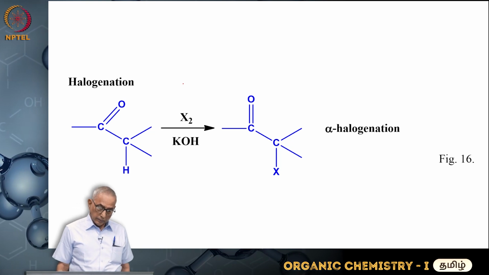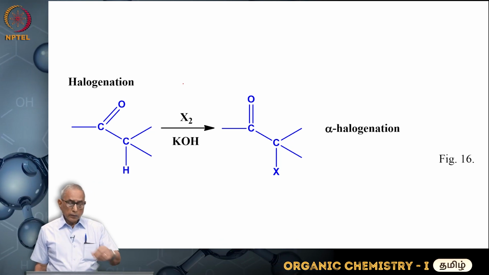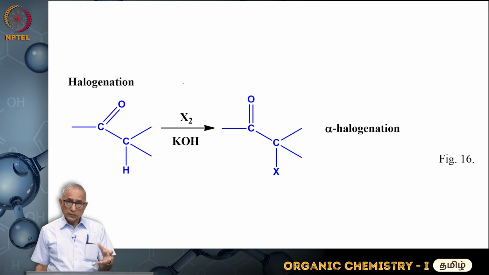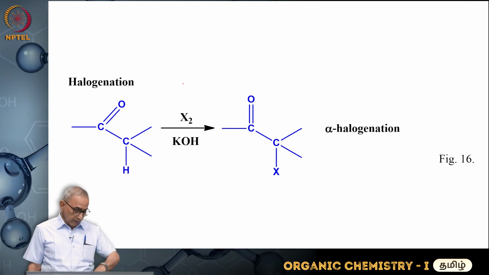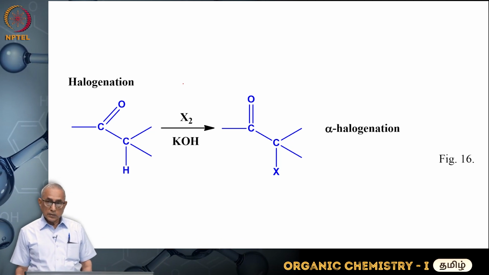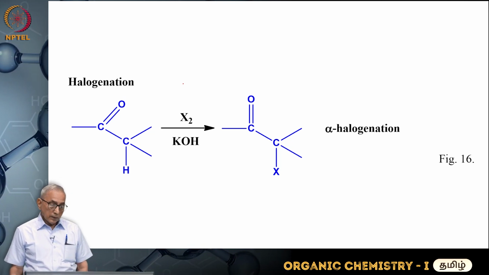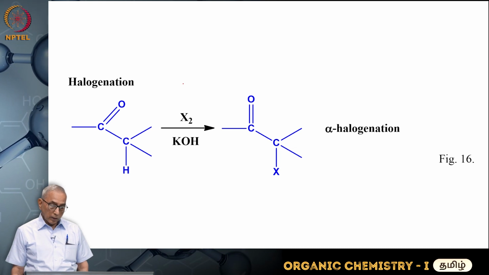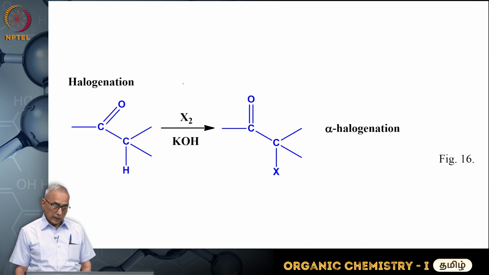Alpha halogenation. When you have a carbonyl group, because of the electron withdrawing effect, the proton on the neighboring carbon becomes acidic and is very easy to remove.